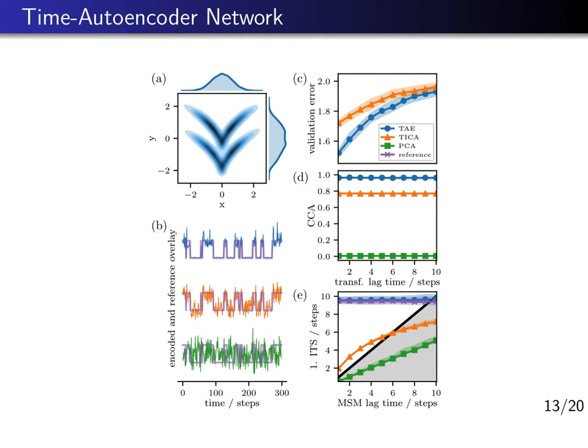Okay, so now we have derived two linear methods, TICA and TCCA, and a nonlinear method, time-autoencoders, in order to solve the manifold learning problem for slow processes in time, given time series data. But we have done that by always minimizing the reconstruction error.